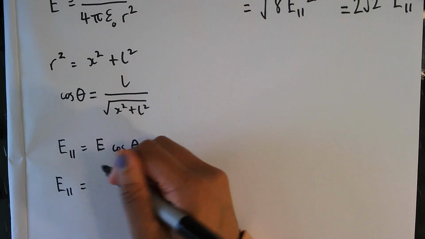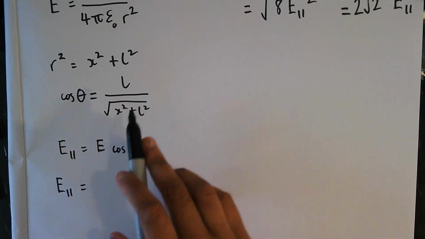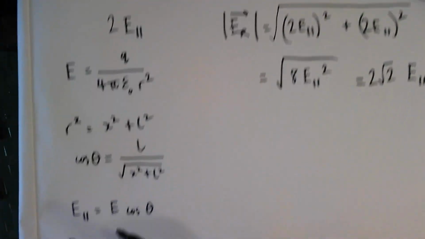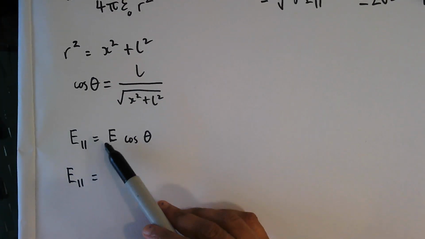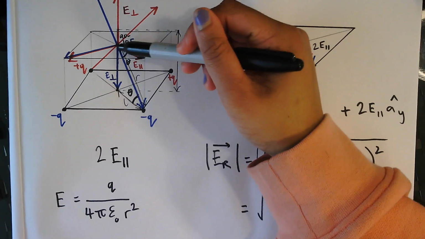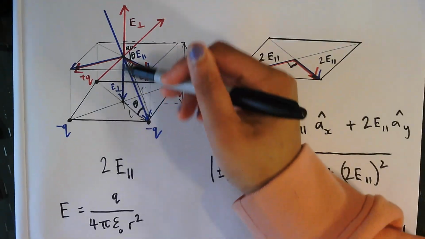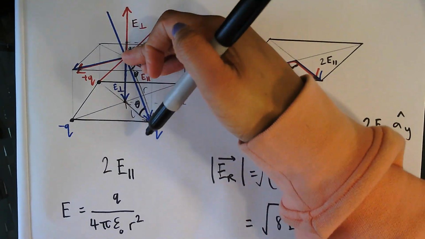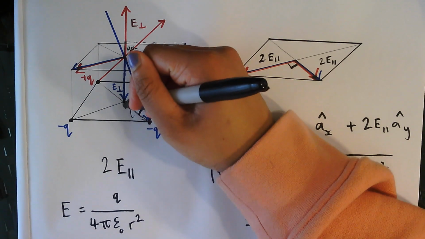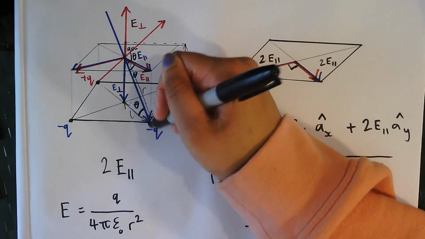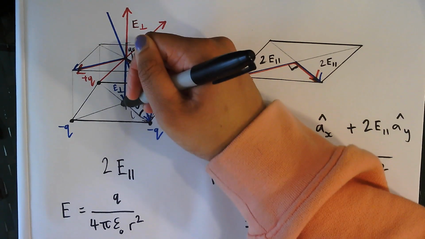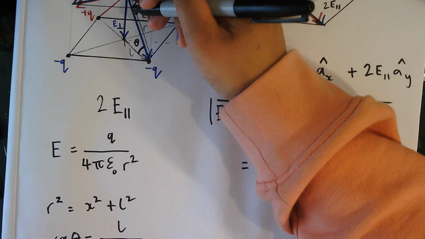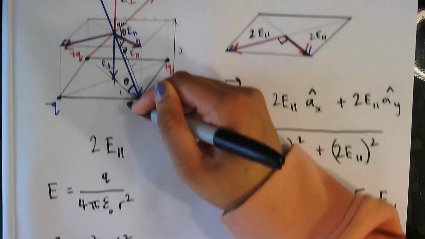If we just substitute in the value of cos theta, you can see why E parallel is equal to E cos theta, because this is E here, and you just have a triangle, and we want to work out this component. So if we imagine that this is down here, we can see that this is just a right angled triangle. We know the hypotenuse, and we want to work out this component. So E parallel is equal to E cos theta, here the angle theta.